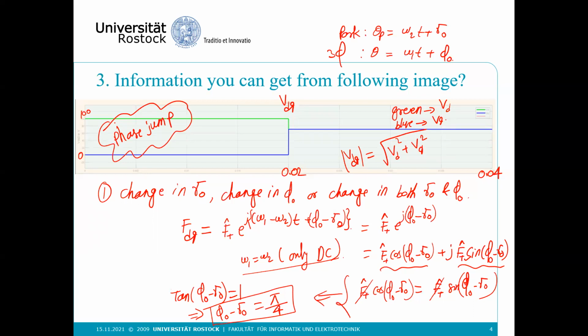You may have some disturbance in the PLL, or that could also lead to a phase jump. But in any case, if we see something like this, for sure there is a phase jump. And then, of course, if you do have a closed loop control, everything goes back to normal. But here we do not do any closed loop control. We are just doing the open loop things.